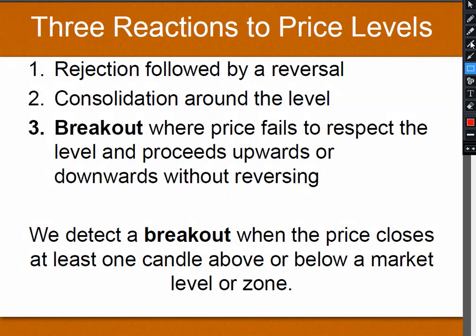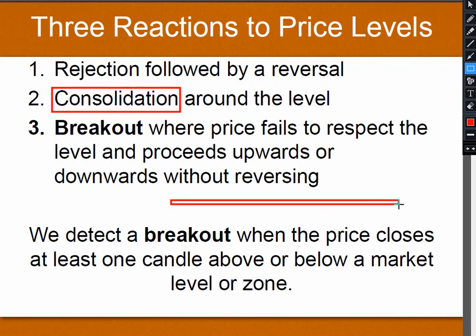Now, price can also respond by consolidating. That is a case like this, where you see a level. This could be support or resistance. In this case you see price coming from somewhere below. If that is resistance, it pulls back a little bit, moves up, pulls back, moves up again, pulls back, moves up.